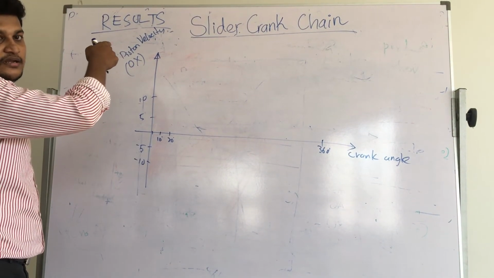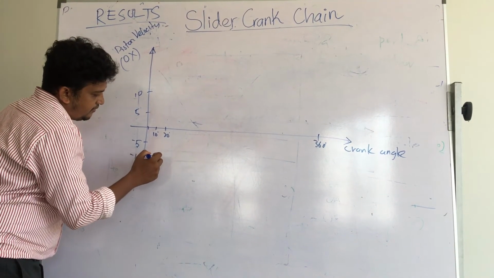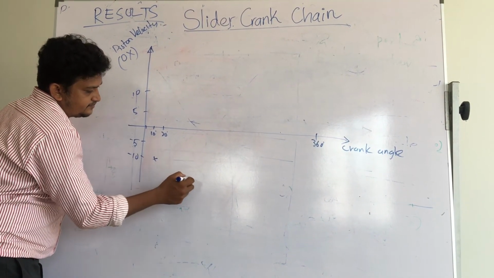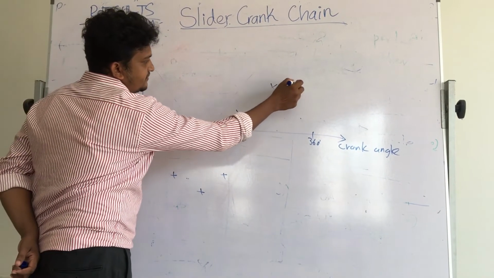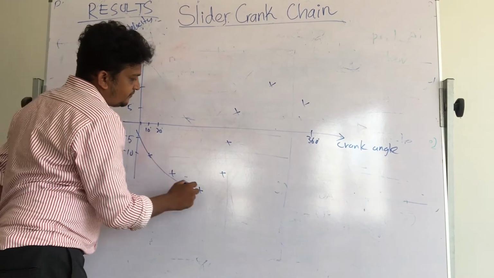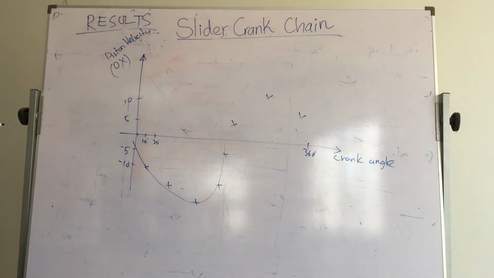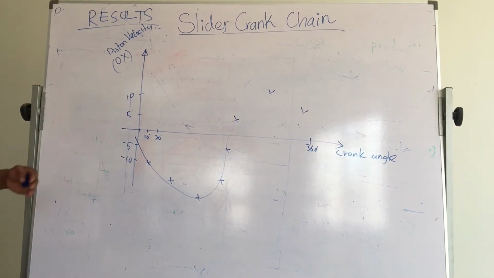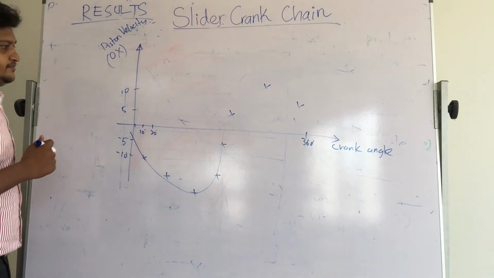That's what I did in the observation part. Then you plot all the points. Maybe it comes this way or this way, I don't know. You plot all the points, then draw the curve. That's what we are interested in: how the piston velocity profile varies with crank angle.